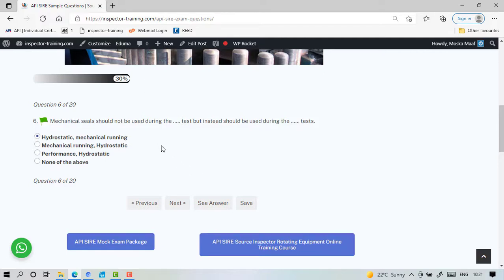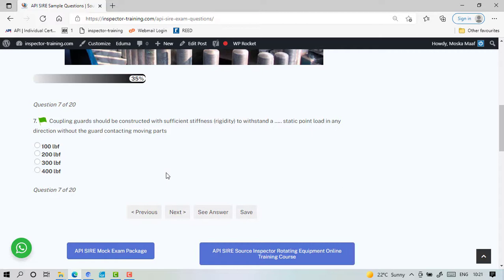If you use it during hydro test, you might damage it, because that is 1.5 times the actual maximum allowable working pressure. So you use a slave seal or a disposable seal when you do the hydro test, but when you are doing performance tests, the mechanical running test, then you use the seal.